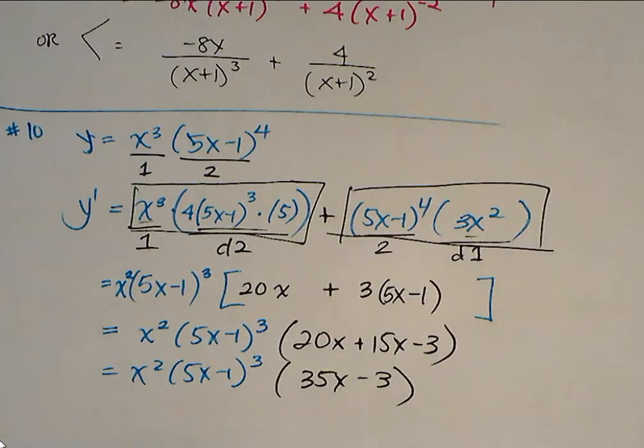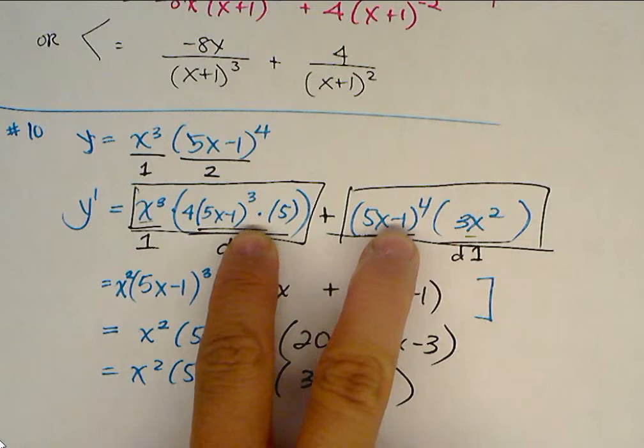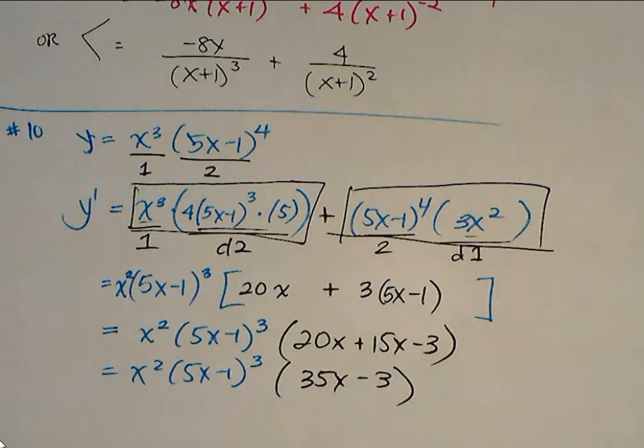Beautiful. So we can factor. When you see these common multiples, doesn't it just call out to you and make you want to factor? A little bit, right? That's the answer.